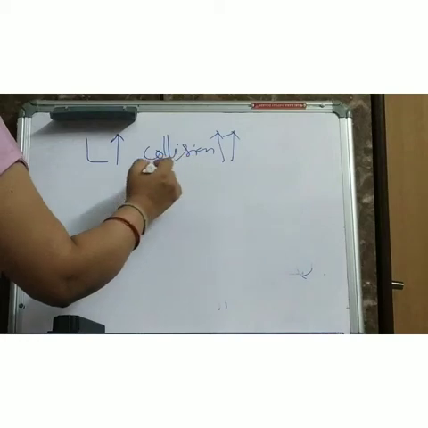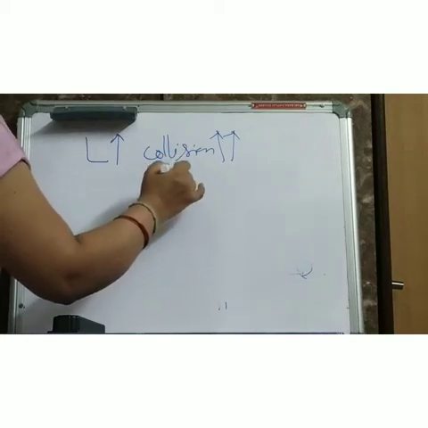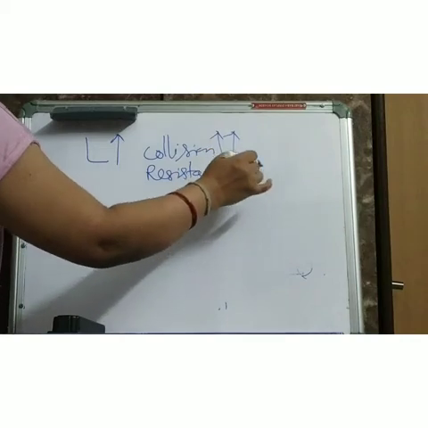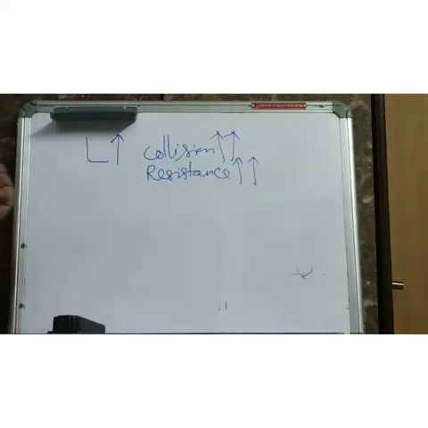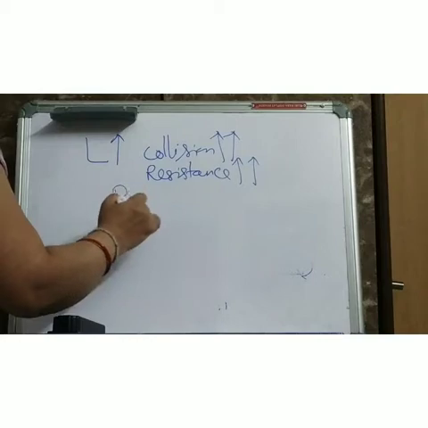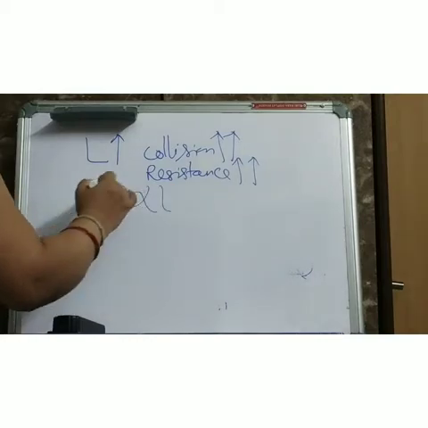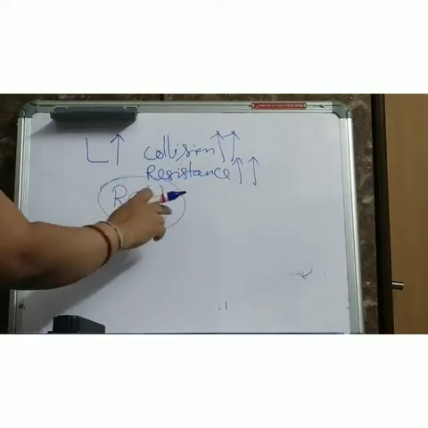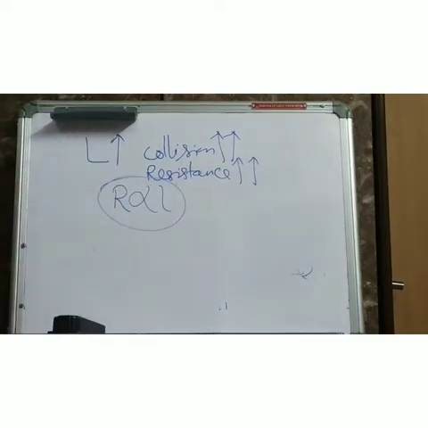If collision increases, then your resistance also increases. So you can write resistance is directly proportional to L. So this is your first point.